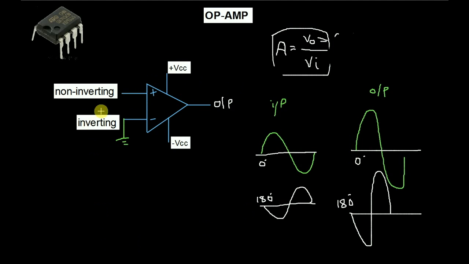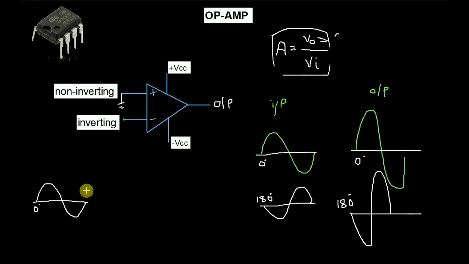Now we will see the inverting function. Suppose we have given a signal that has started from 0 degree into the inverting terminal. Now consider that the non-inverting terminal is grounded.